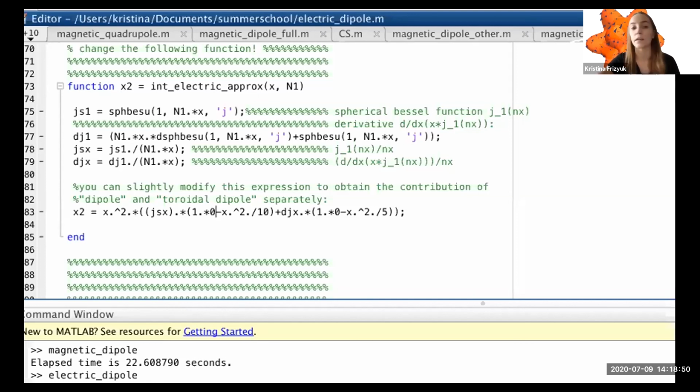Or in case you have epsilon equal to mu, then the coefficients for magnetic and electric multipoles are similar. I will talk about it later actually, and if you have epsilon equal mu, you will obtain similar anapoles for electric and magnetic dipoles.